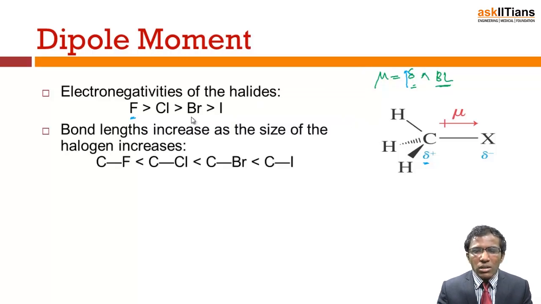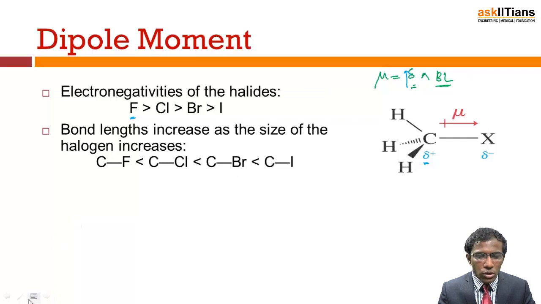But it is not only delta, we have to consider bond length as well. The bond lengths are in reverse order. The C-F bond length is least and the C-I bond length is more. So fluorine has the highest delta but the least bond length, and we have to see effectively how the product varies, because the product is the dipole moment.